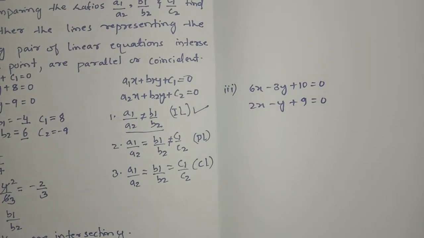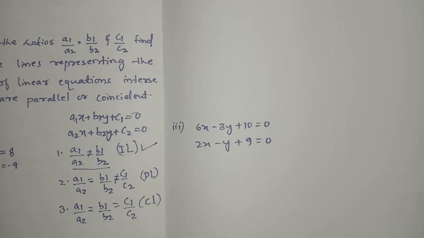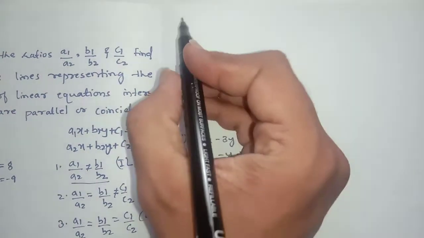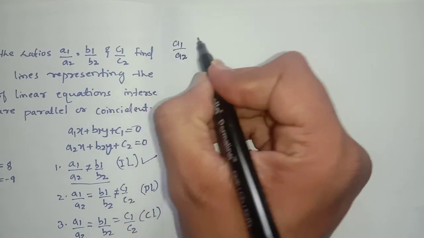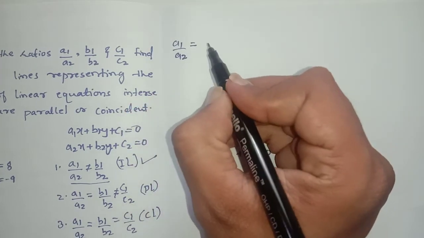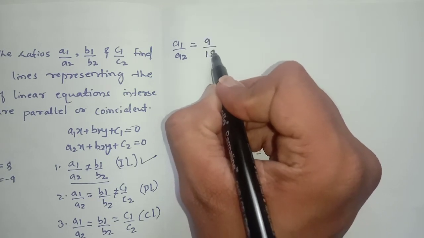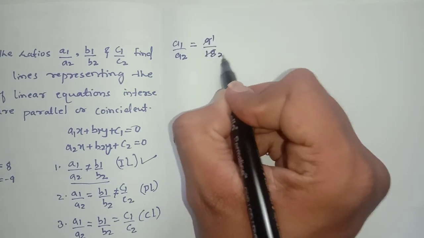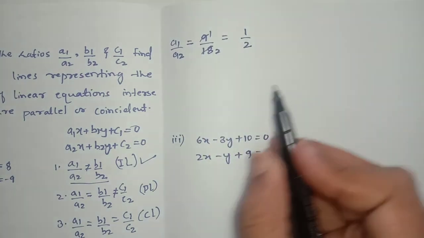Now let's find a1 by a2, b1 by b2 and c1 by c2. a1 by a2 is 9 divided by 18. 9 ones are 9, 9 twos are 18. Answer is 1 by 2.